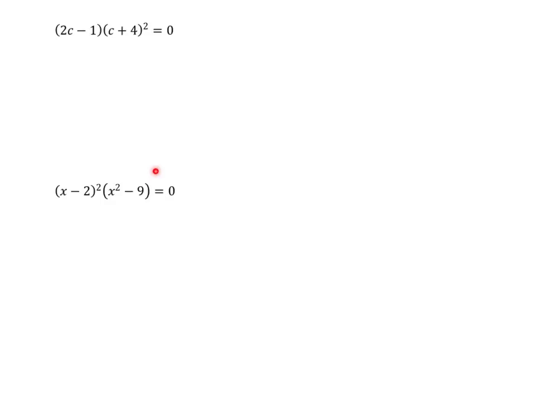So what that means is, because these three factors are multiplied together and they equal 0, at least one of them is equal to 0.